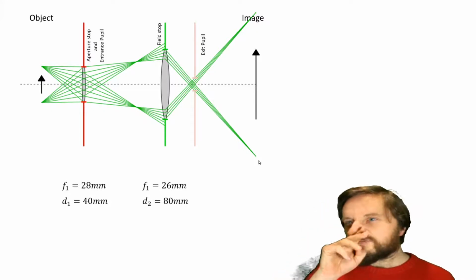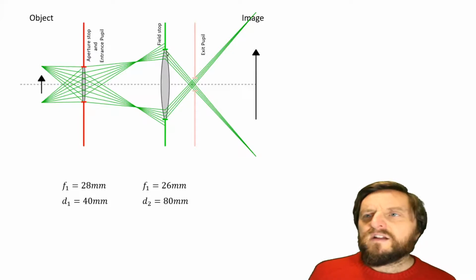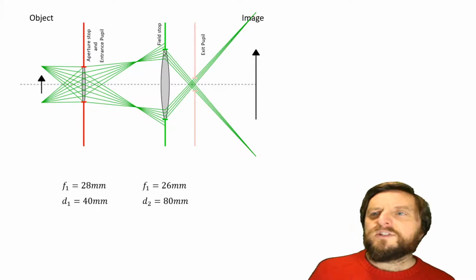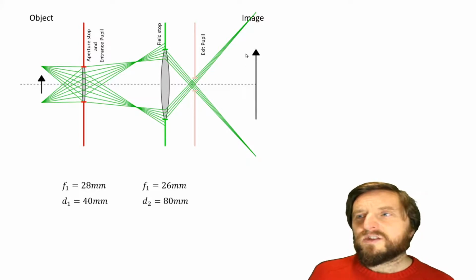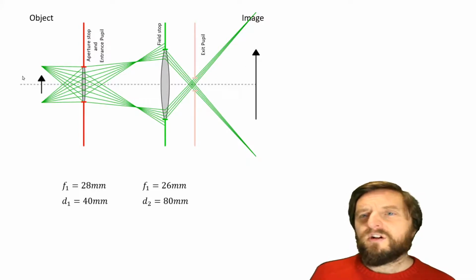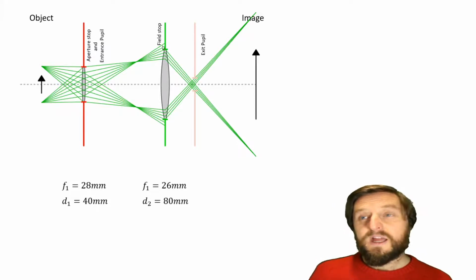So what you'll see though is that here at the edge of the field stop, some of the rays aren't making it. There are still rays making it, so I will still form an image of these extreme points over here at this side, but fewer rays of light are going to make it through because some of them have been clipped by the edge of this lens.